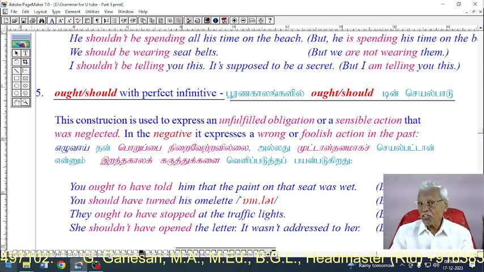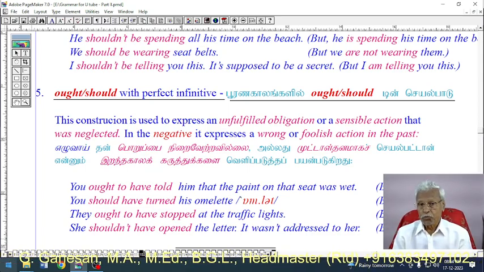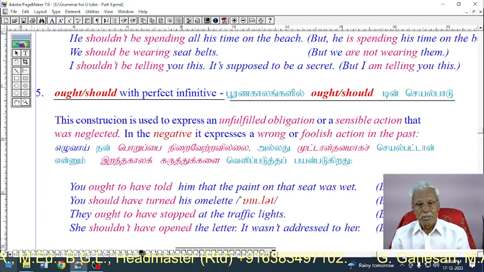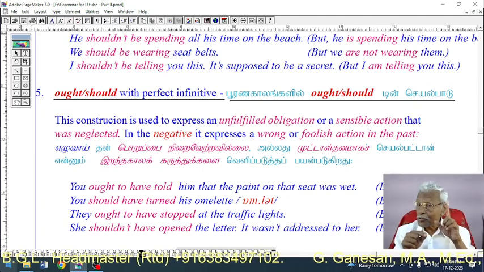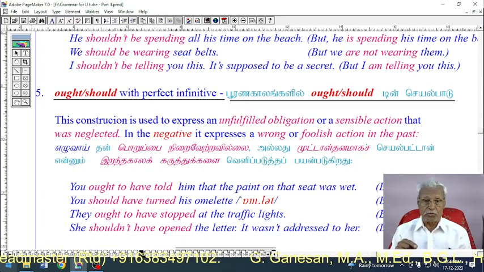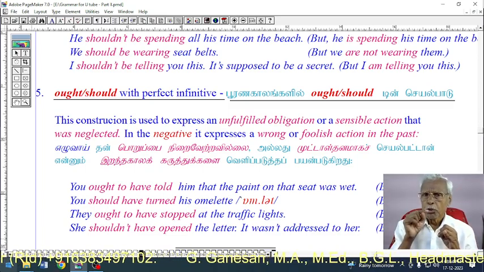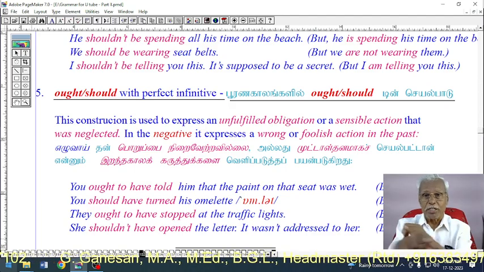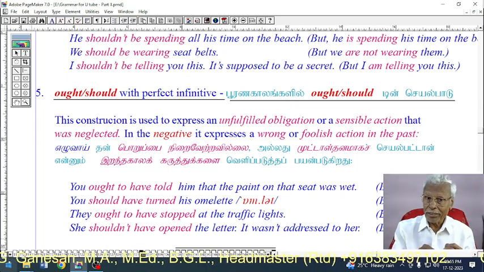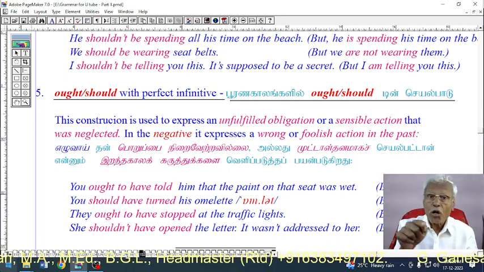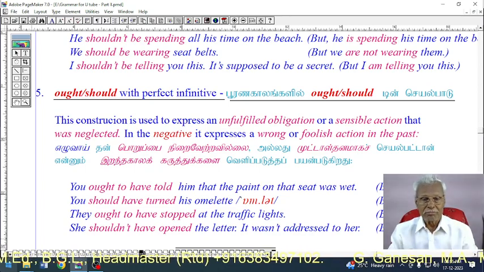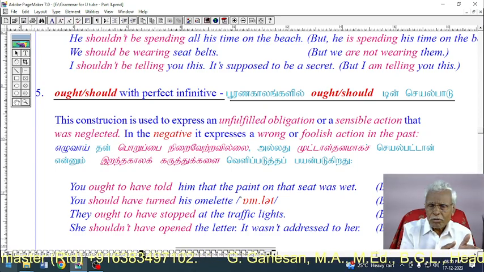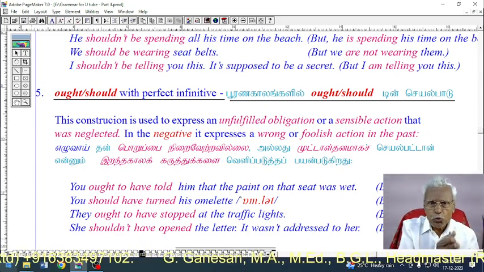But should plus perfect is used to express the past actions, that is, past events. One, an action that should have been done was not done. And second, an action that should not have been done has been done. What should have been done was not done.